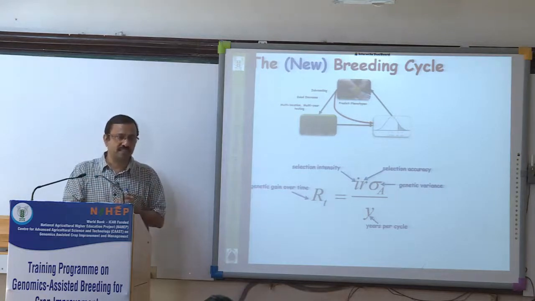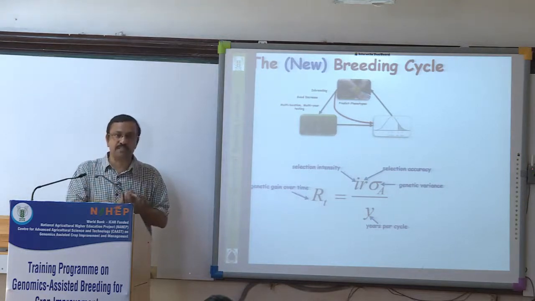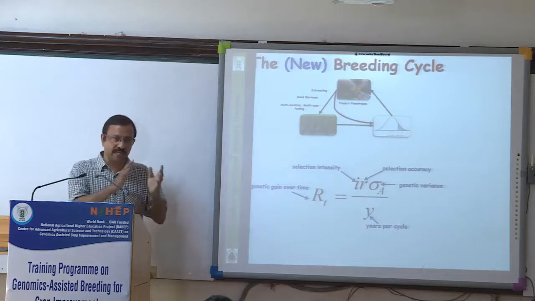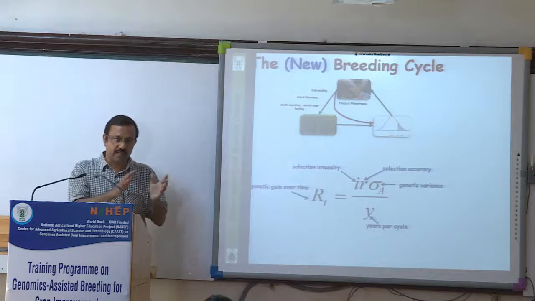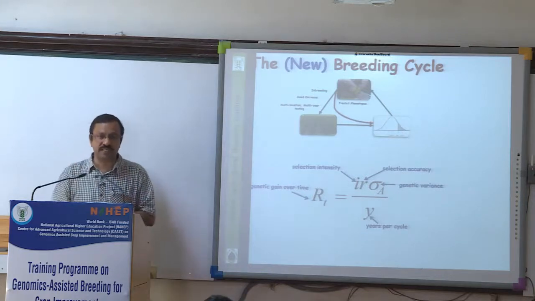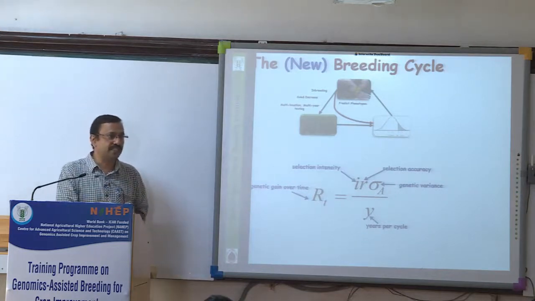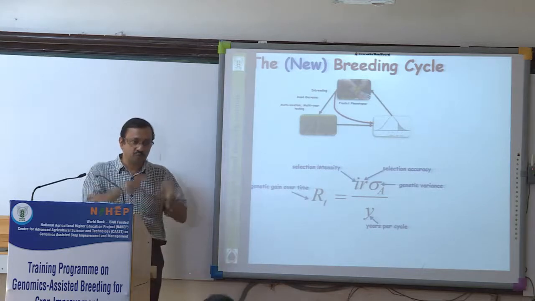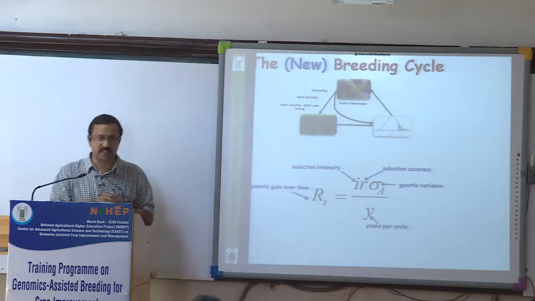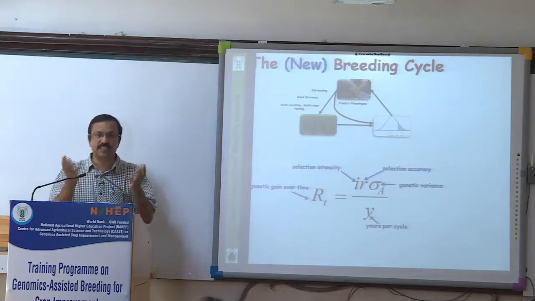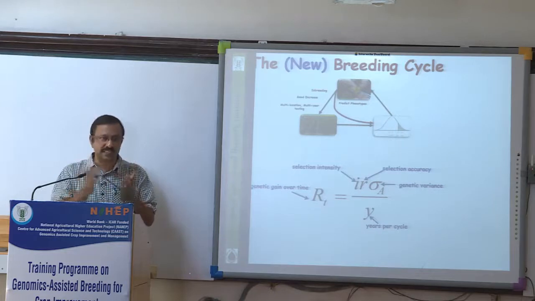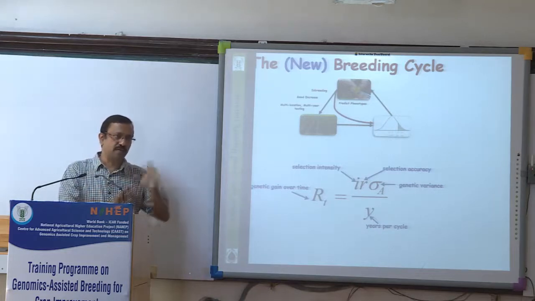What your parents did in visual selection, what your grandparents did in visual selection, what animal breeders have done through pedigree analysis, or what the plant breeder has done through quantitative genetics, we would like to capture those markers, and that is what genomic selection is, nothing else.